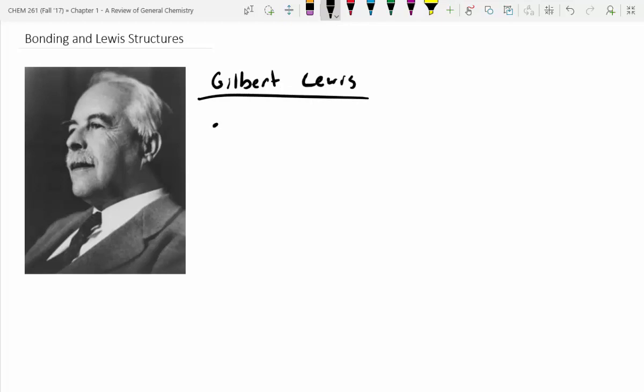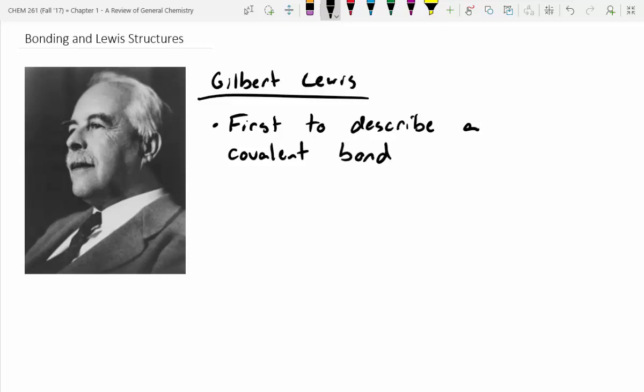The most important discovery, in my opinion, was that he was the first to describe a covalent bond. What is a covalent bond? How would we define it as chemists? When two electrons are shared. Yeah.